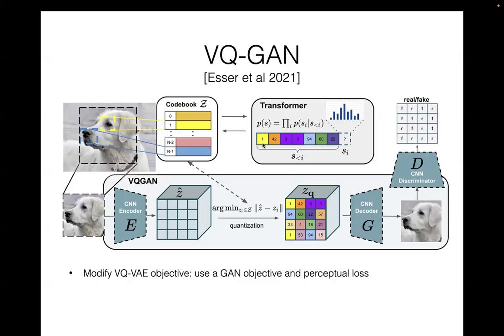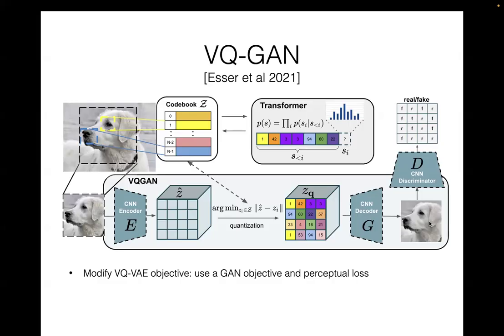So now you can learn this autoregressive model, and it's not producing pixels, it's producing these latent discrete tokens. Then, suppose that you have this language model, you could generate the sequence of discrete tokens, send it to the decoder, and then you've produced an image. So that's the basic idea.